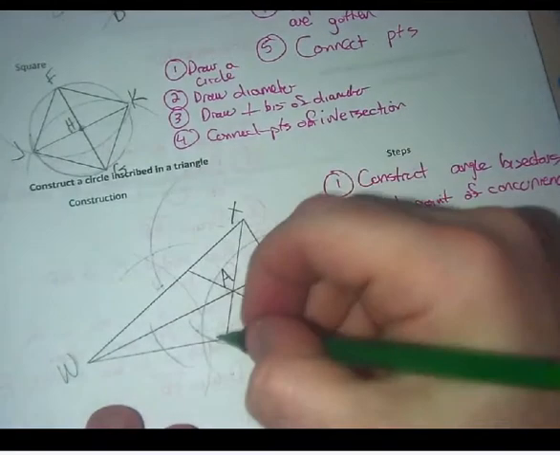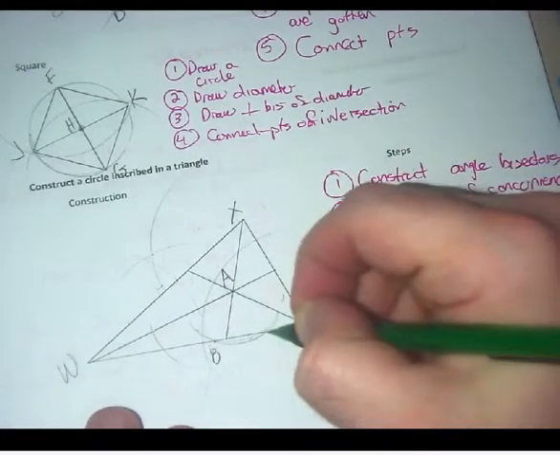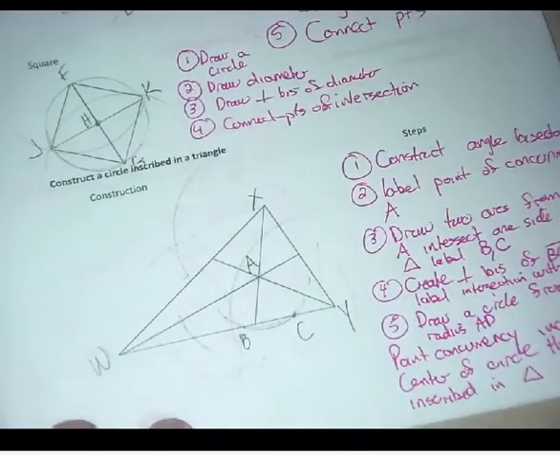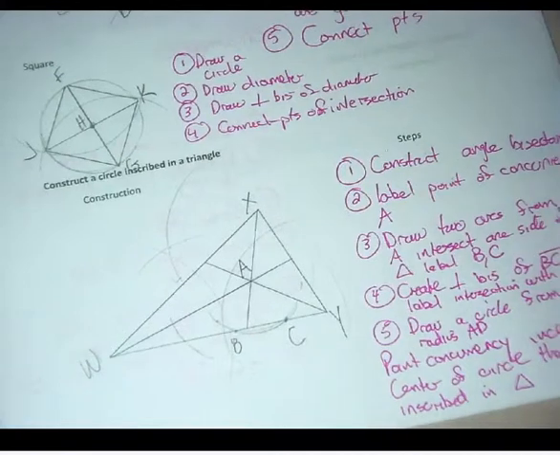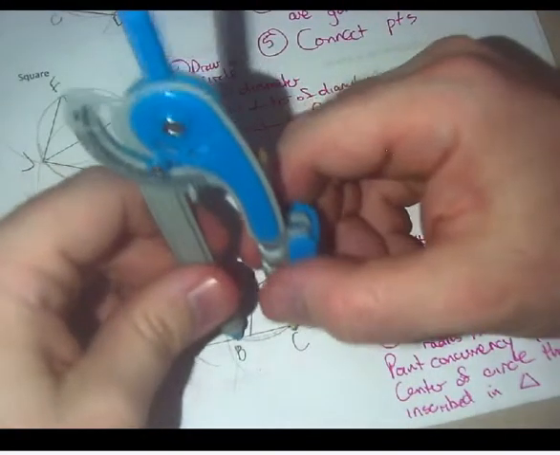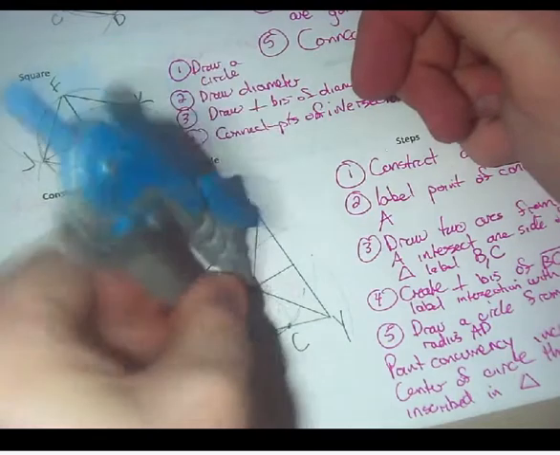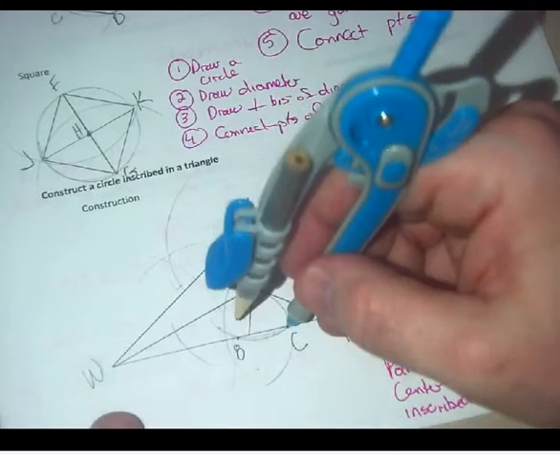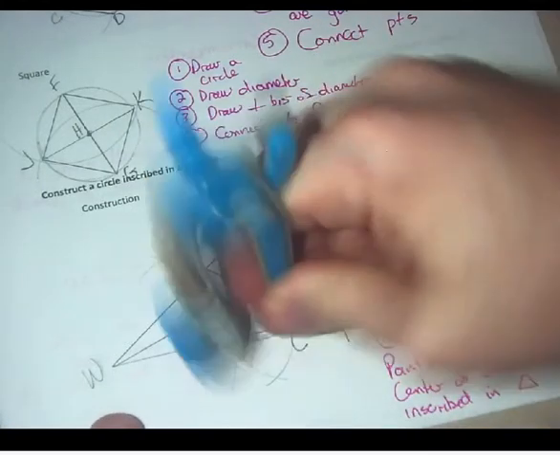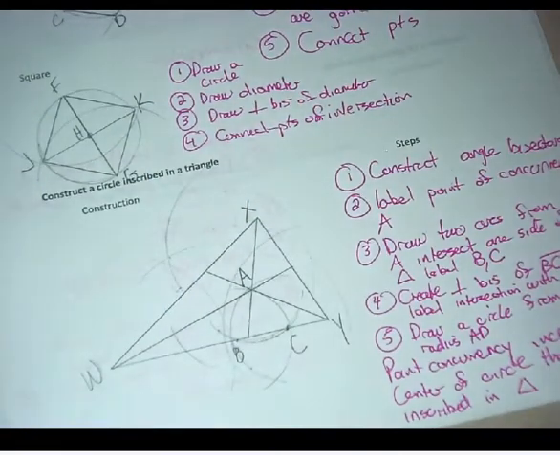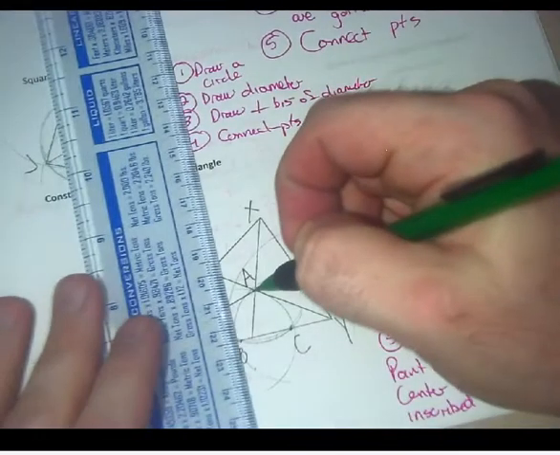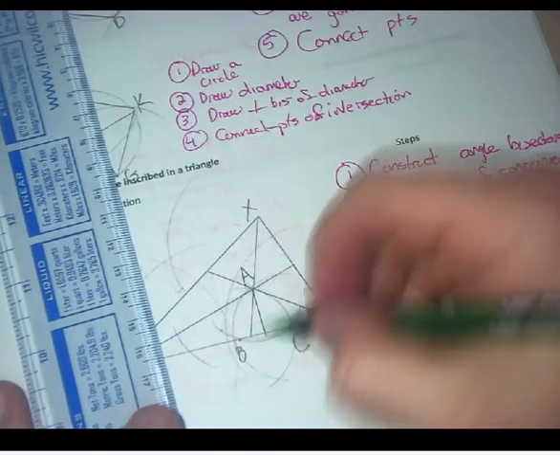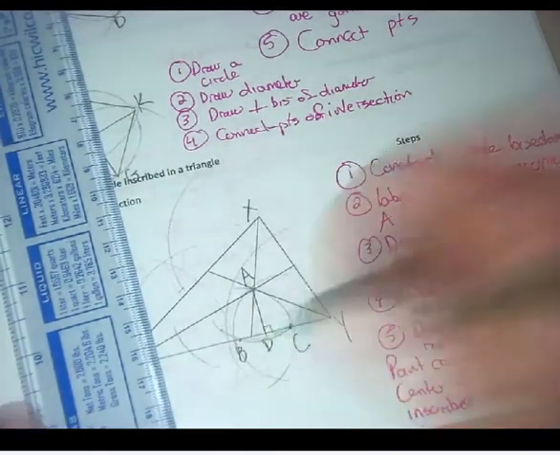We'll label those B and C. And then we're going to perpendicular bisect BC, and it's going to go through point A. So make arcs from B and C. Again, it's getting a little bit messy on here because there's a lot of markings, so we've got to be kind of organized. Label that D. So AD is perpendicular.